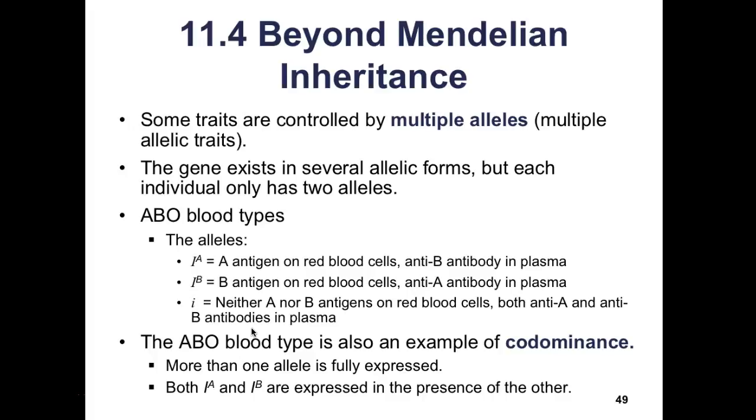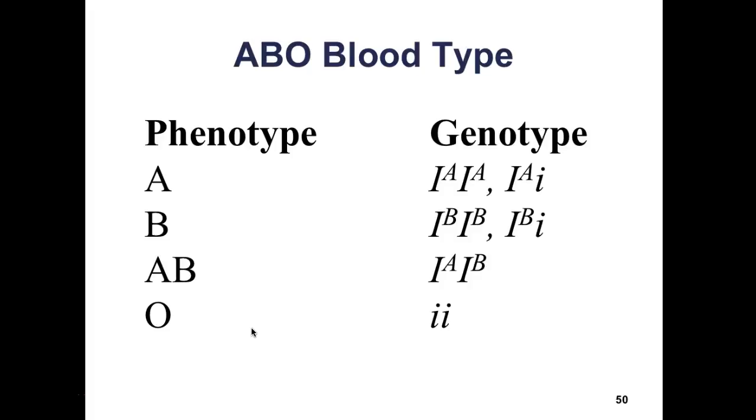Basically, what you see here is that more than one allele is fully expressed. So both IA and IB are expressed in the presence of the other. So here we have the phenotypes of blood. Here you see that case of codominance where both alleles contribute to that phenotype.